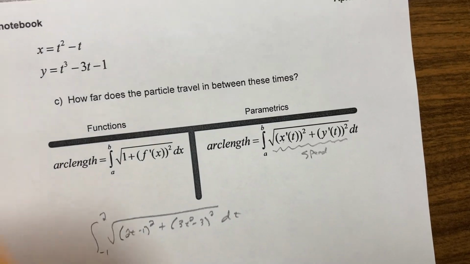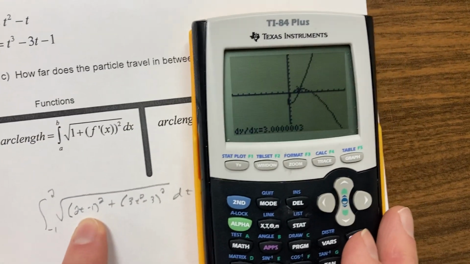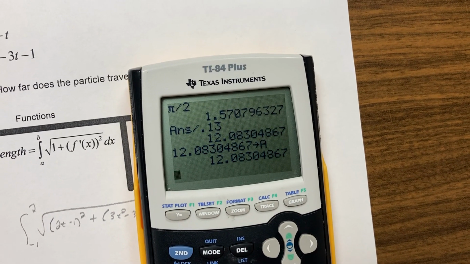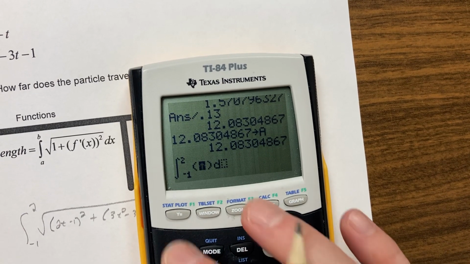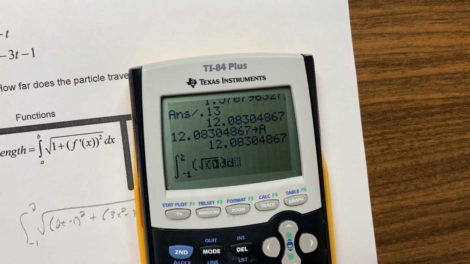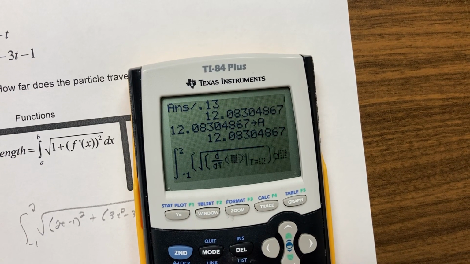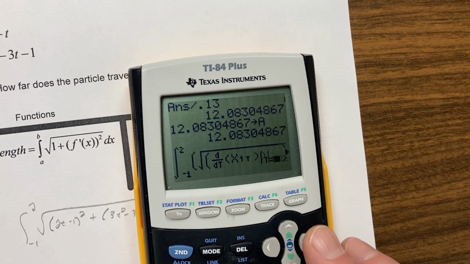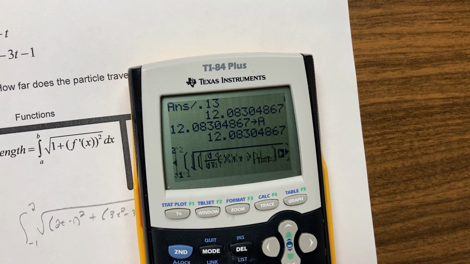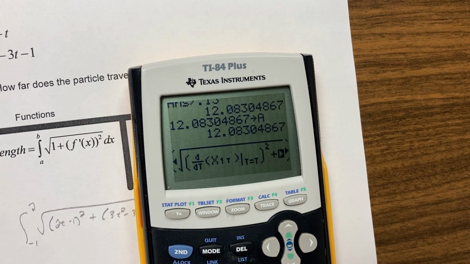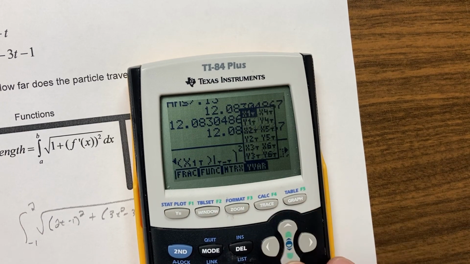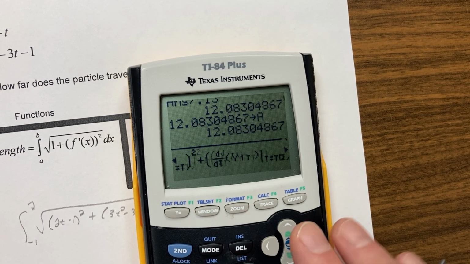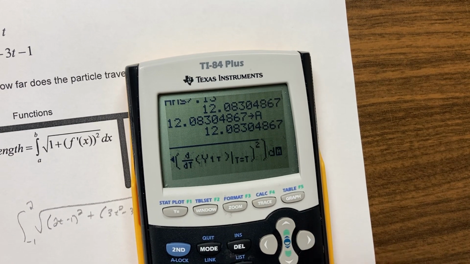And on the calculator, we can go math 9 from -1 to 2, the square root of math 8 derivative of x at t equal t, the full derivative squared, plus the same thing again, math 8 derivative of y for t equal t, whole thing squared, dt.